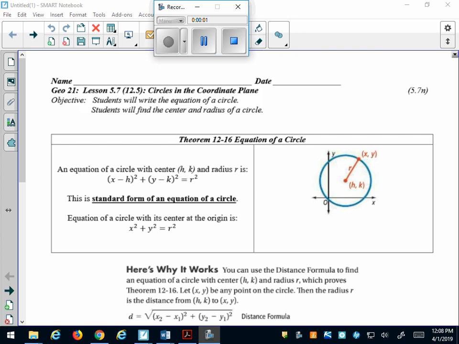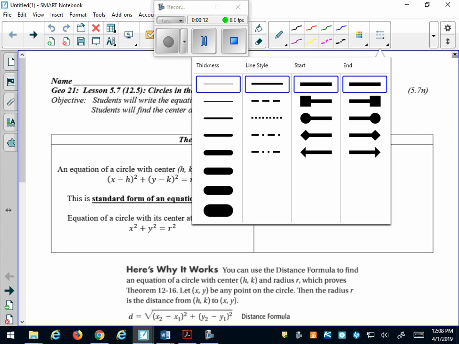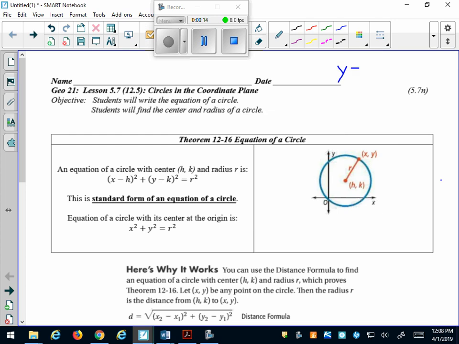So, we're going to be learning about circles in the coordinate plane. However, before we do, tell me what this is. It is not the slope formula. Okay, it's slope-intercept form.